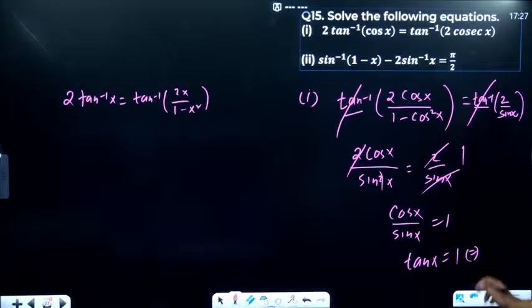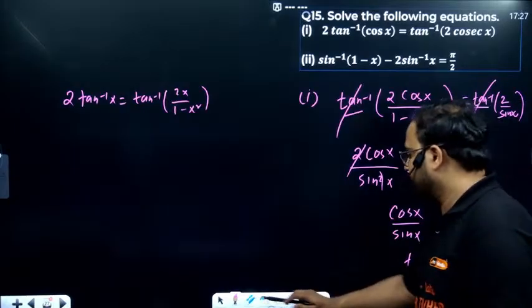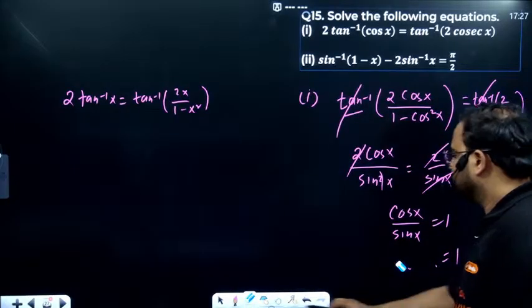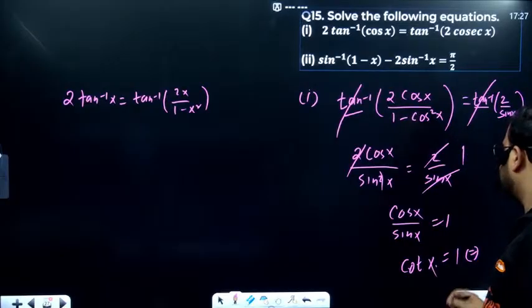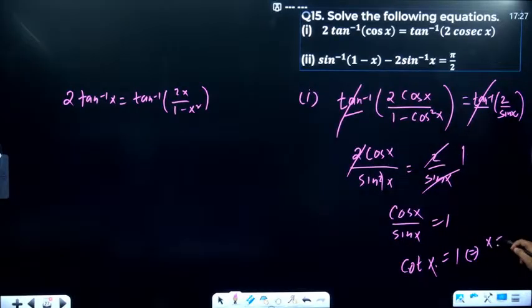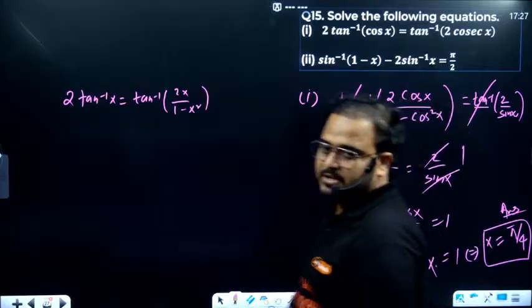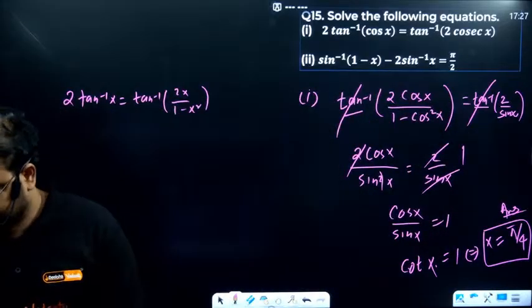You can just use cot x over here, no problem. Cot of x is 1, which means x value is pi by 4. That's my answer. Please check.